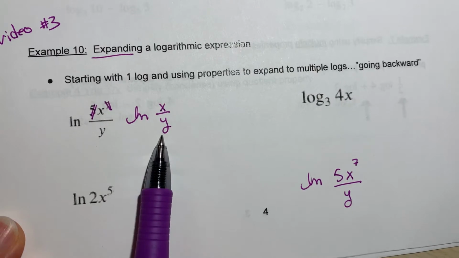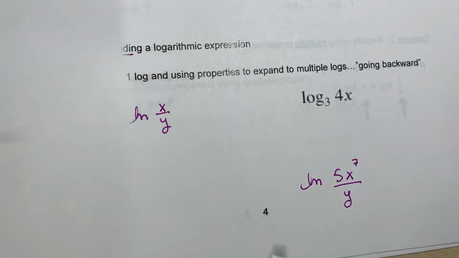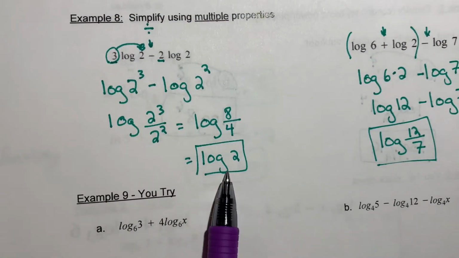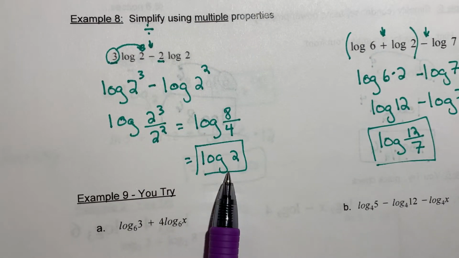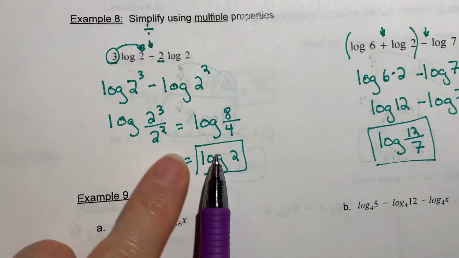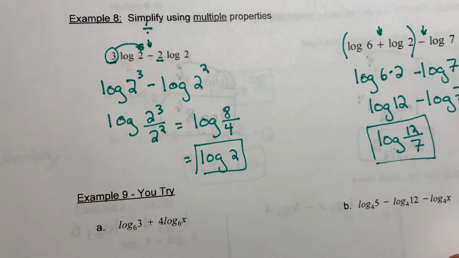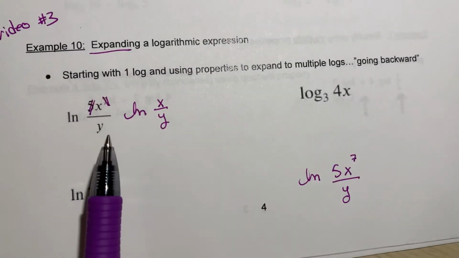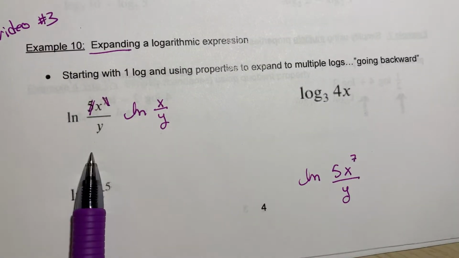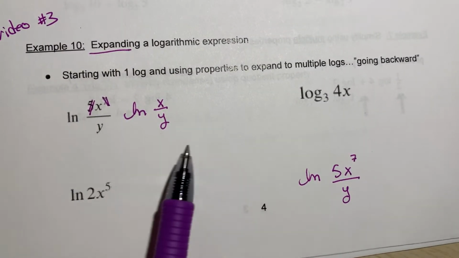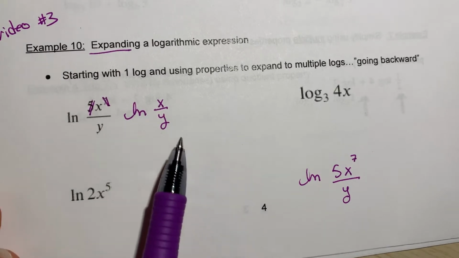So here we are expanding, which means we're going to start with a single log. So we're starting with what our answers were on the previous examples, and we're going to expand it into multiple logs. So we're going to have one, two, or three logs added or subtracted together.